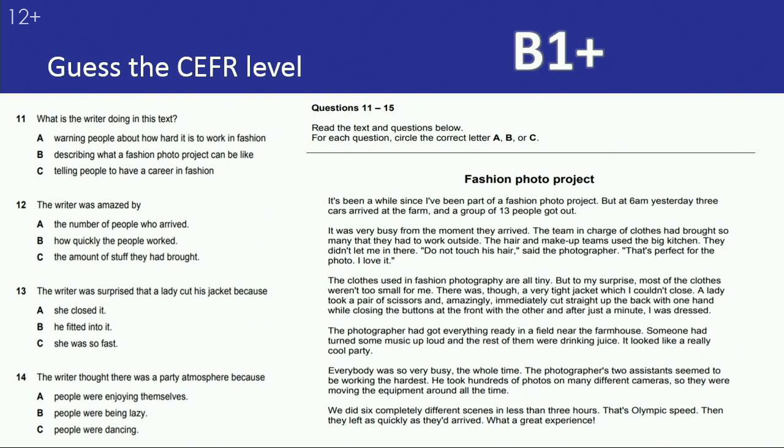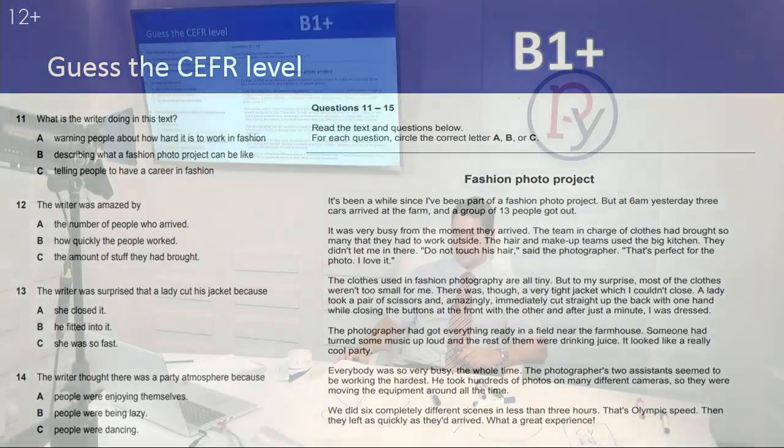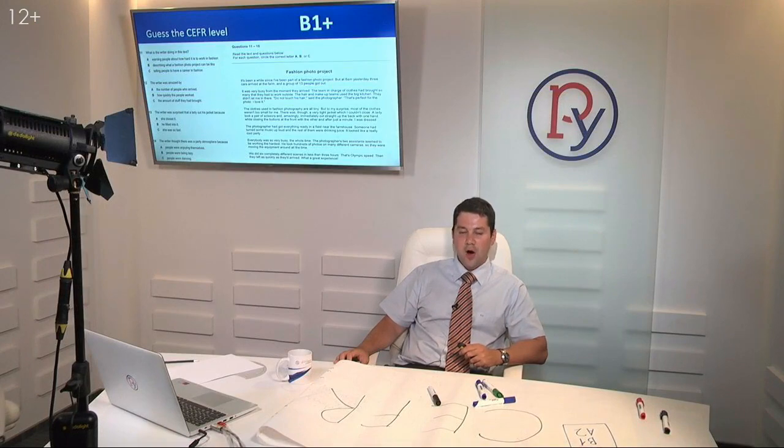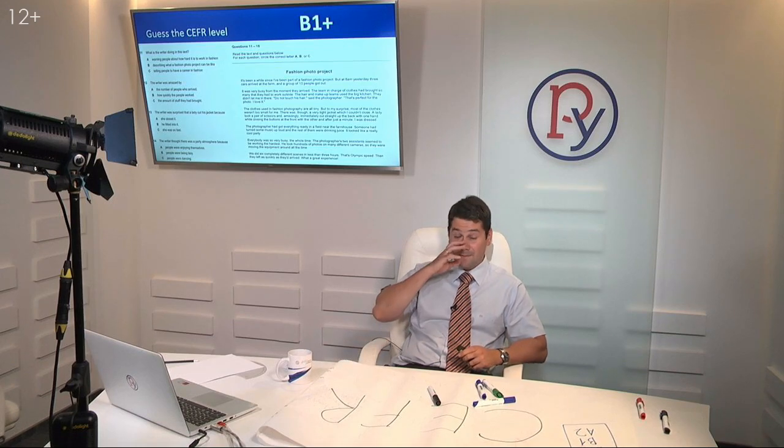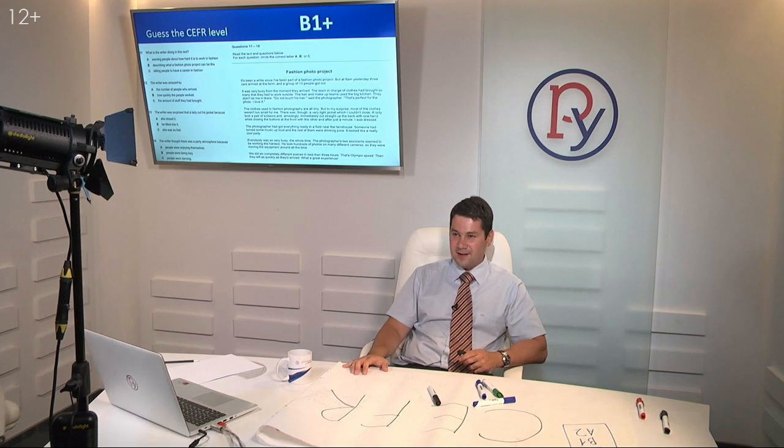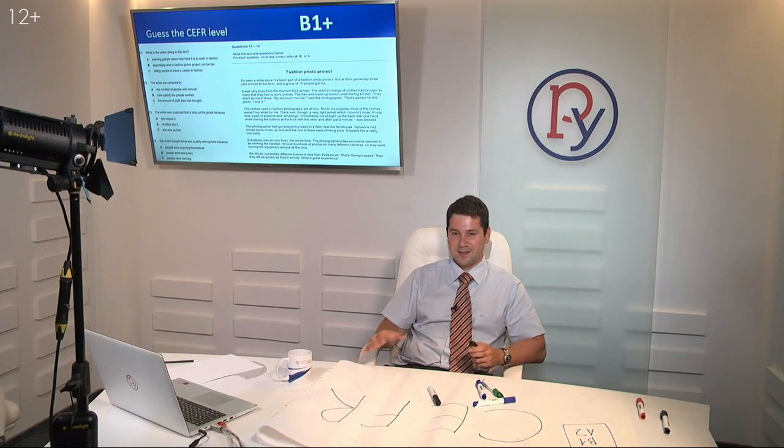All of you guessing, and even all of you saying B2, you were very close. And people who said A2, I hope you see now why it's B1 and not A2. A very good question here is, can I minimalistically survive in the target language context without this?